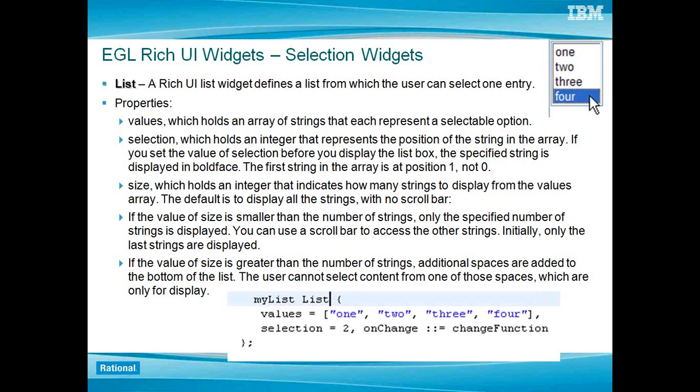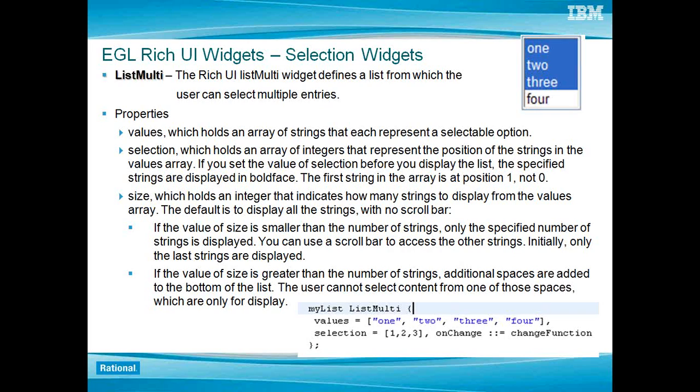As we have seen in the case of the combo widget, same way we can display a list widget as well, where we can select multiple values inside of a list. Here we have a list multi-selection example. If you see at the bottom, in the selections property we have specified 1, 2, 3.